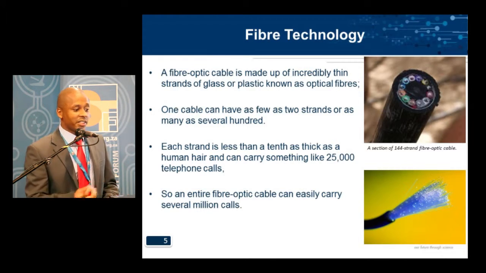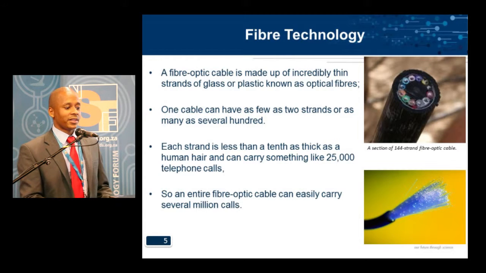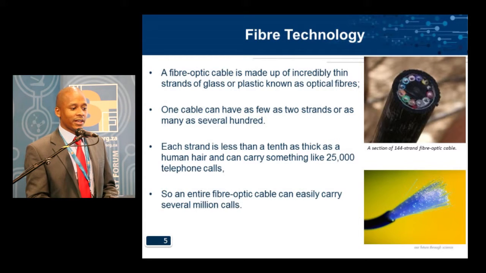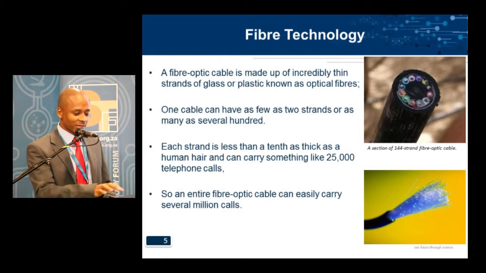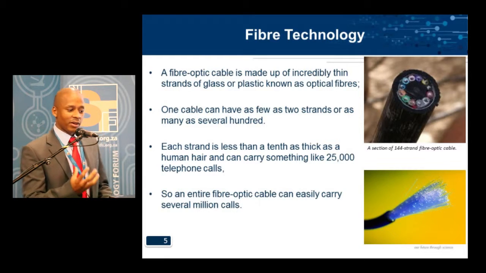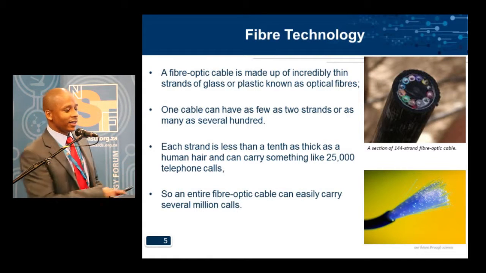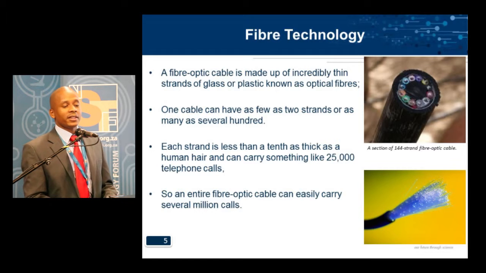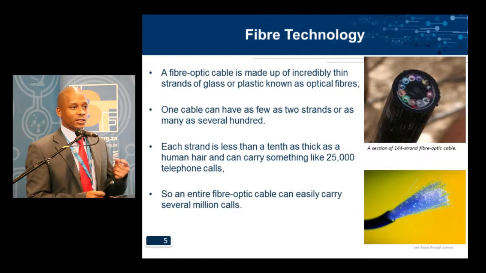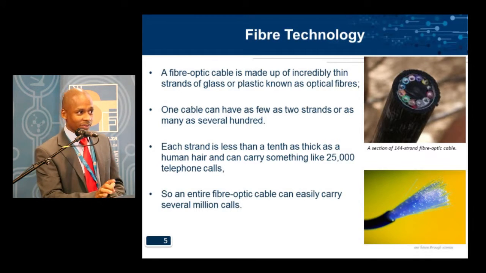Each strand is less than a tenth as thick as a human hair and carries something like 25,000 telephone calls, a single strand. So an entire fiber optic cable, the whole cable, can easily carry several million calls.